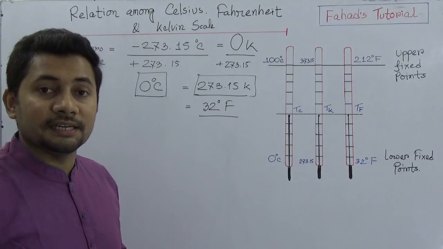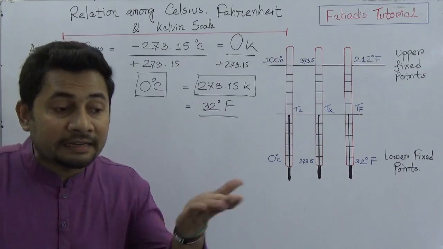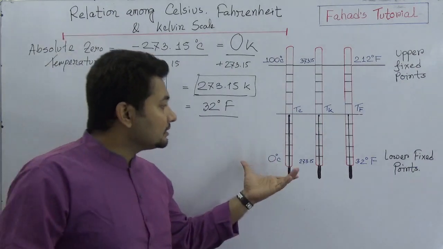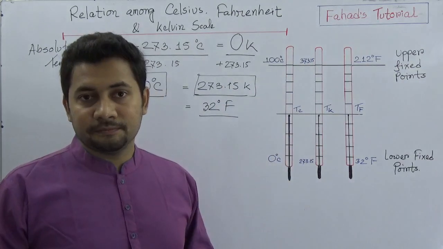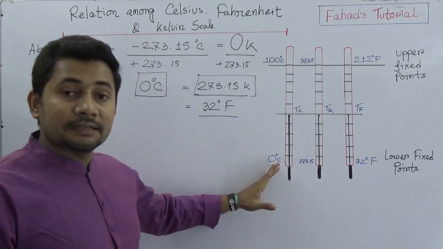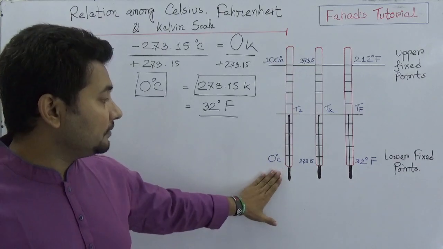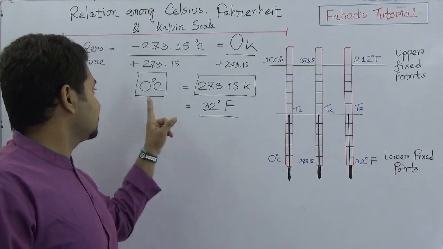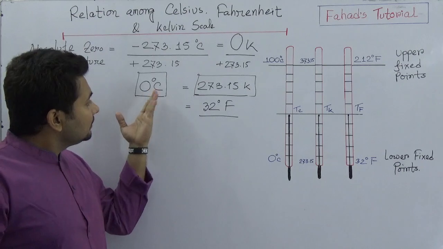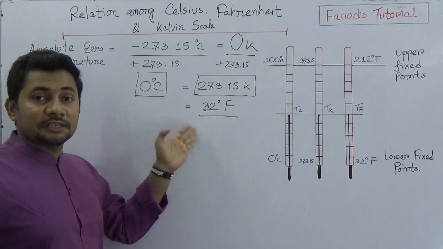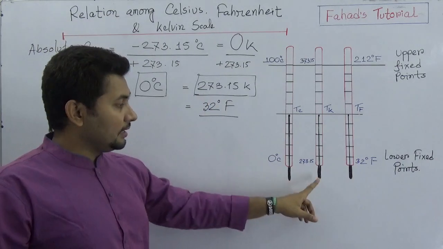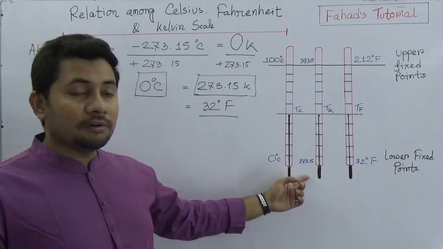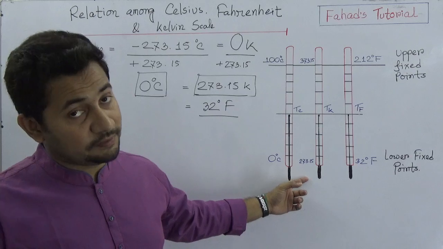So all these scales are made up of some standard process, and that is the lower fixed point and the higher or upper fixed point. We must know that the lower fixed point of the Celsius scale is 0 degrees Celsius. Similarly, this is the same temperature in other scales, but the number changes. In case of Kelvin, the lower fixed point is 273.15 Kelvin.